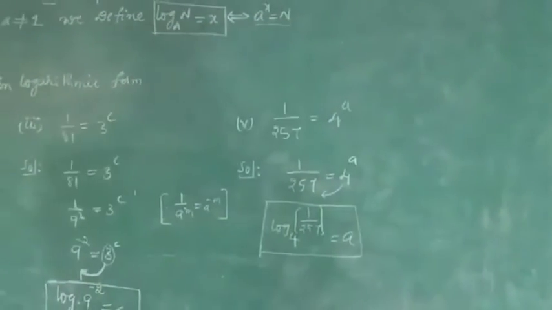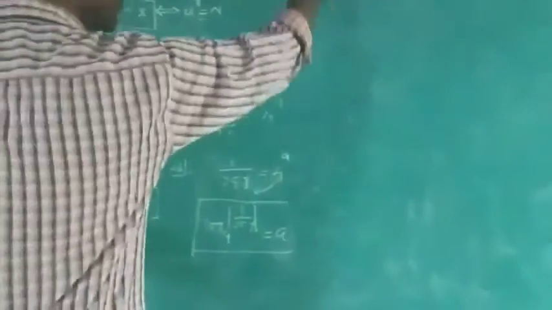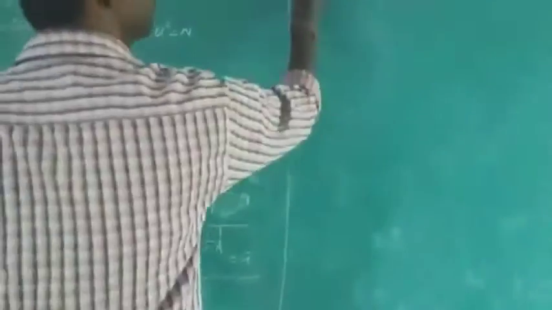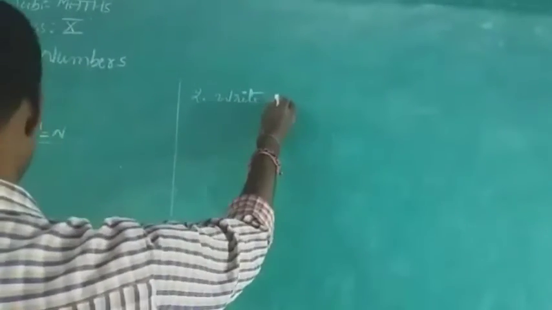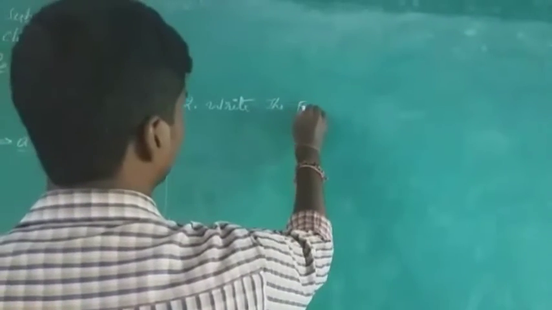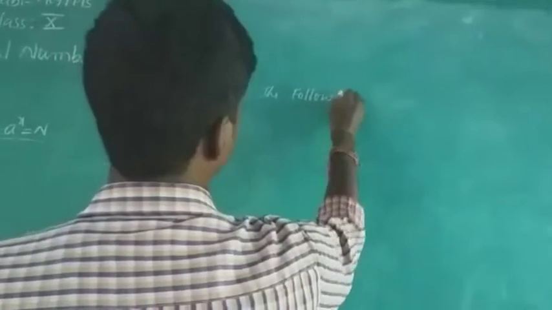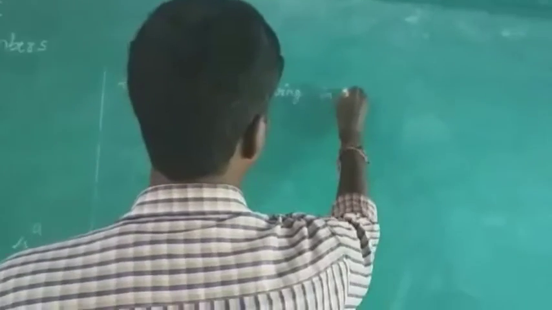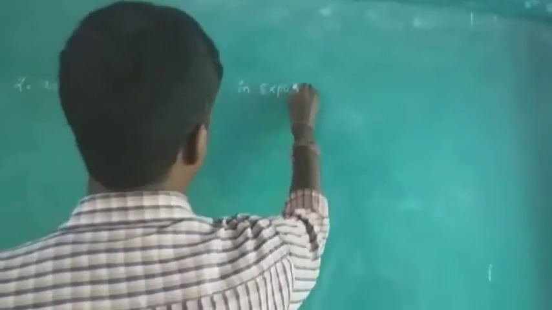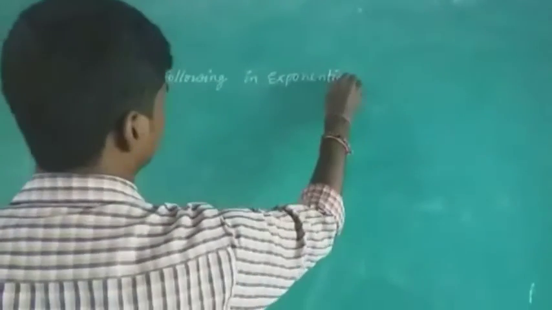Then what is the next bit? The second bit. Here I am going to explain the second bit. What is second? Write the following in exponential form.